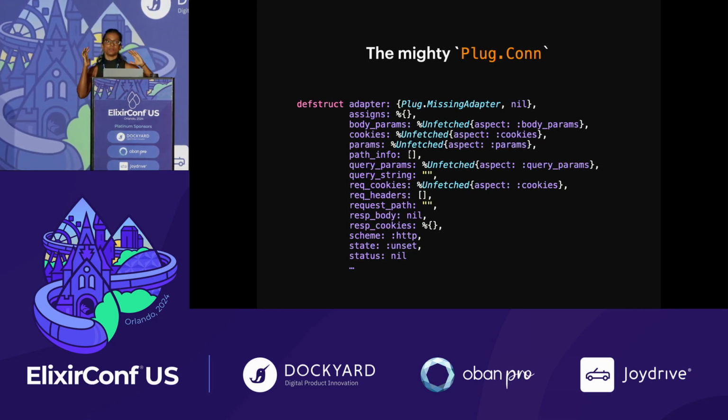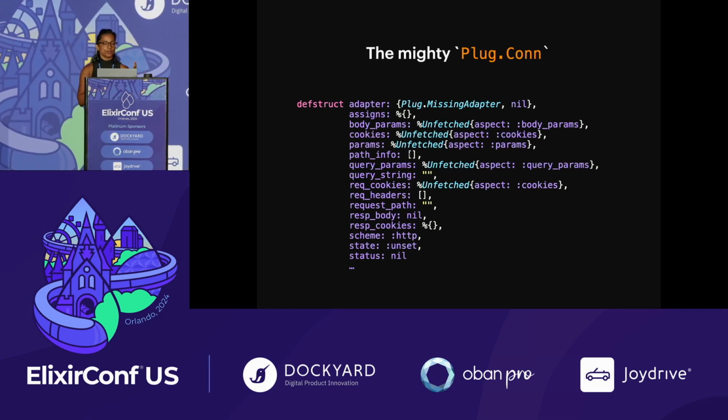When we were dealing with things in Cowboy, we were not dealing with a unified request. We were modifying and changing it as needed and then handing it off. But plug.con gives you specifications around how a connection looks, and what helper methods are associated with it, which allows us to work with it much more easily.